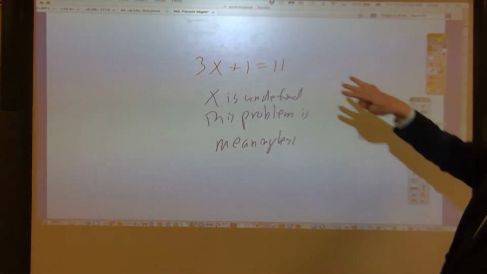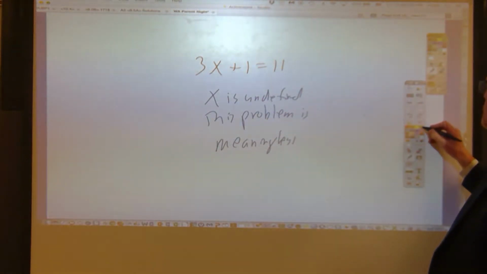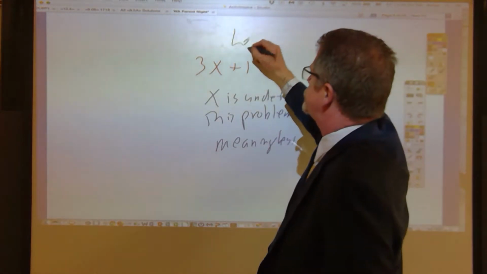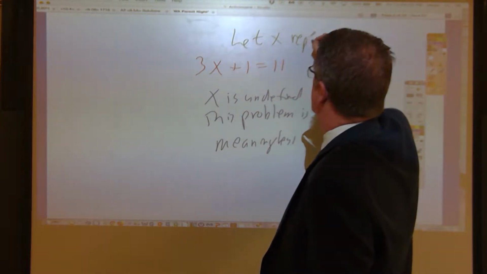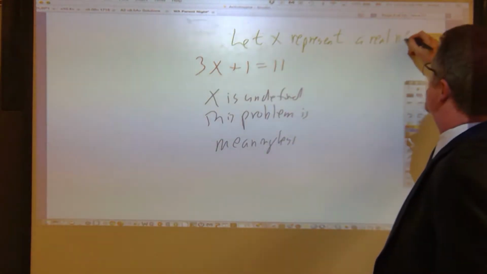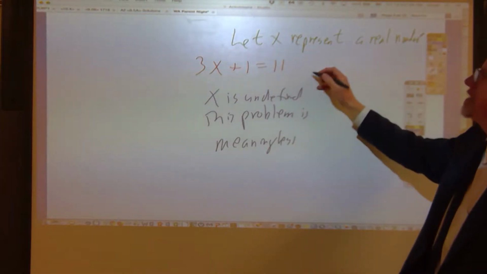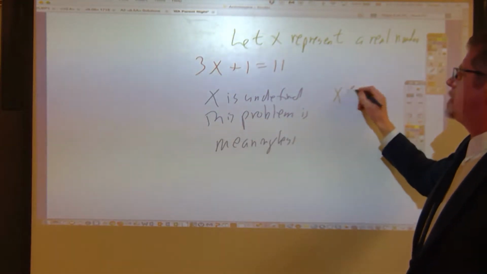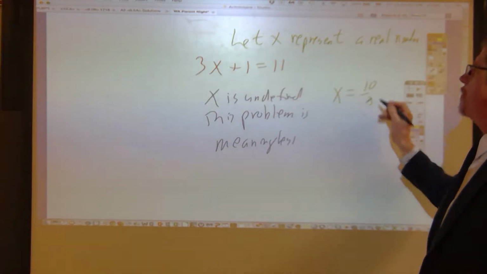So for example, if on the first problem of the year I had said, let x represent a real number, then you could have subtracted 1 and divided by 3 to get x equals 10/3.